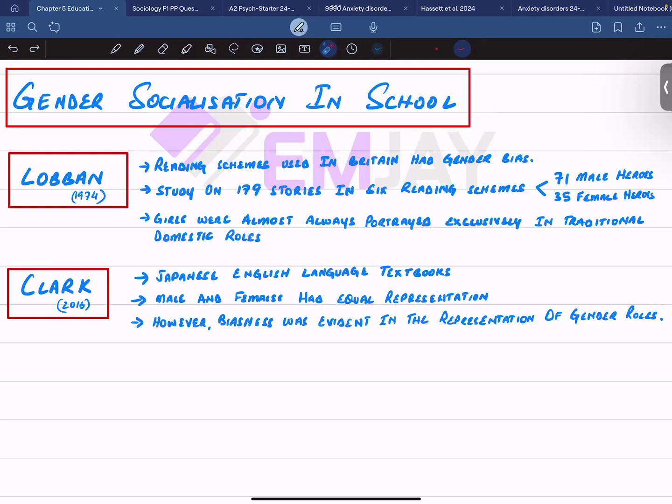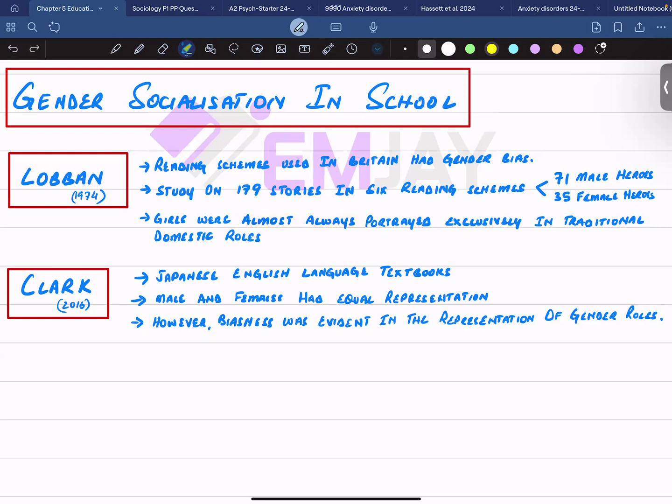In other words, in a very subtle manner, you're telling them that tomorrow, as they grow older, they should be okay being dependent on anyone else. So, girls were almost always portrayed, and there are two things here. Number one, the number of times you're presenting someone. Number two, the way you're presenting them. Girls were almost always portrayed exclusively in traditional domestic roles.